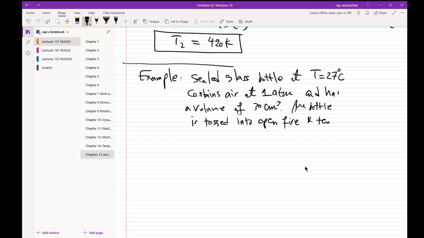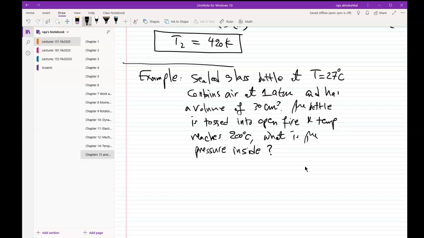And the temperature reaches 200 degrees Celsius. Question: what is the pressure inside? Kind of similar to what we have just done, right?